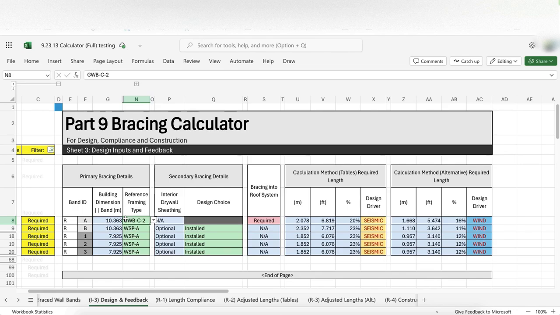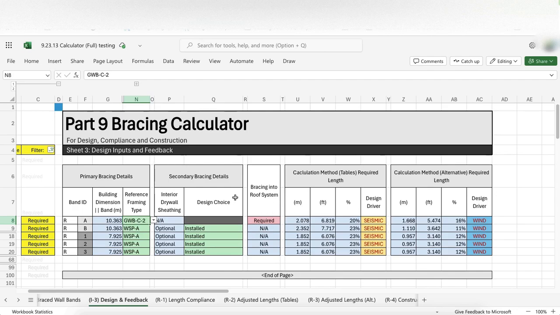And so what I've assumed through the calculator is that some of these GWB-2 elements, reference framing types, actually are required to transfer an amount of bracing force per lineal foot greater than WSPA. So this would be one example of that. And so that's why in my calculator, this comes back as required.